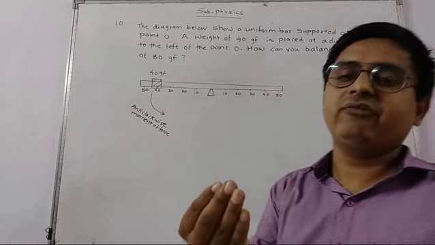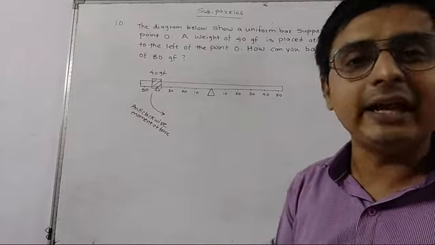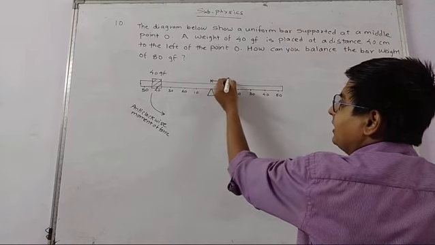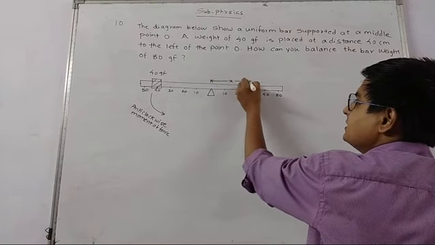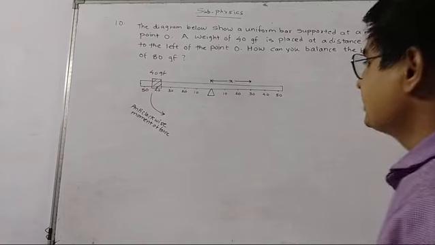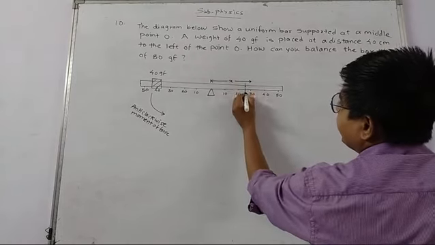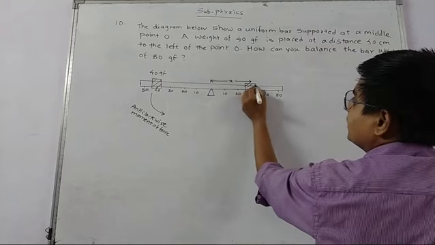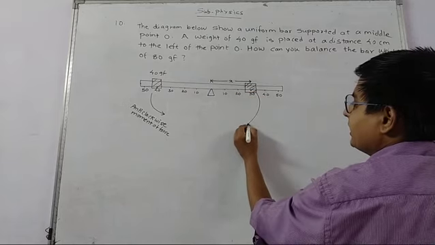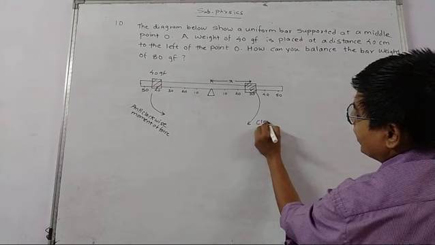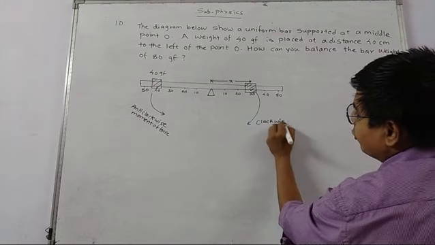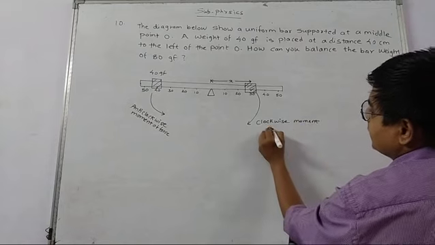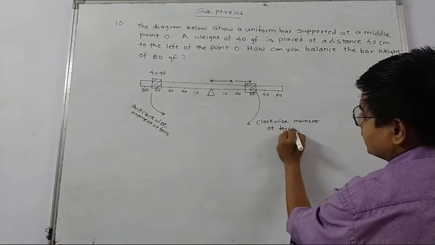Also they have given a specific weight, that is 80 GF, and again we will consider that let x be the distance where I will be putting this weight, which will be producing clockwise movement of force.